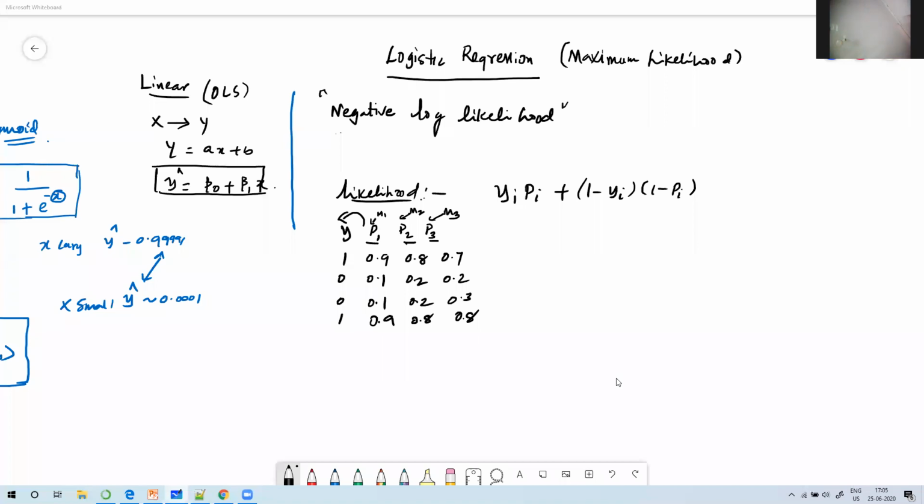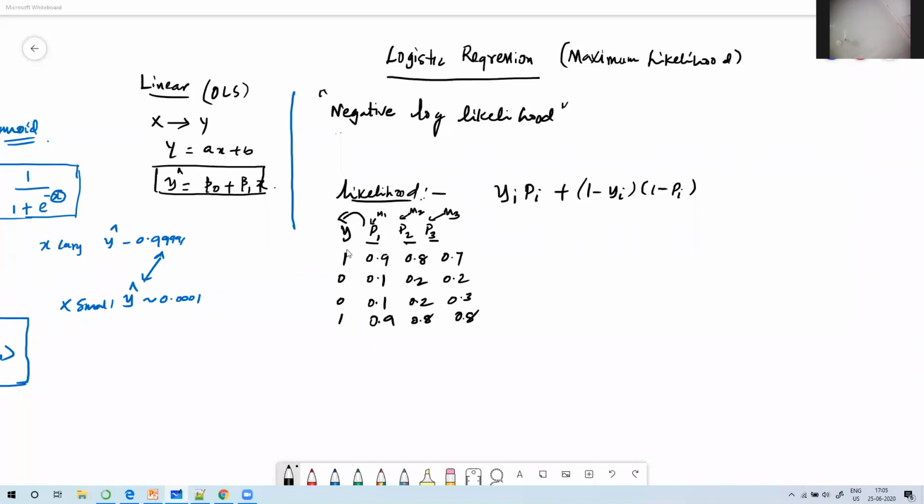P1, right? Yes. Why? Look at the difference between P1 and y. When y is 1, probability is 0.9. When y is 0, probability is 0.1. Because we have only 4 observations here, we could easily say, okay, P1 is better representing the y.